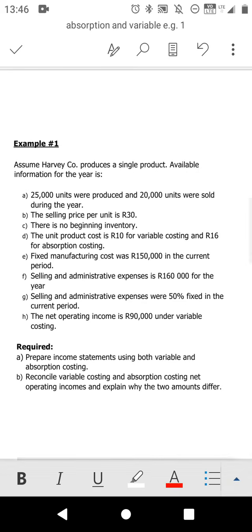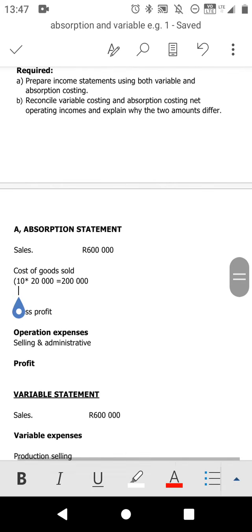On number E, they said the fixed manufacturing cost was 150,000 in the current period. What do we do? Do we include this 150,000 as it is? No. If you do that, you are going to get it wrong. Very simple.